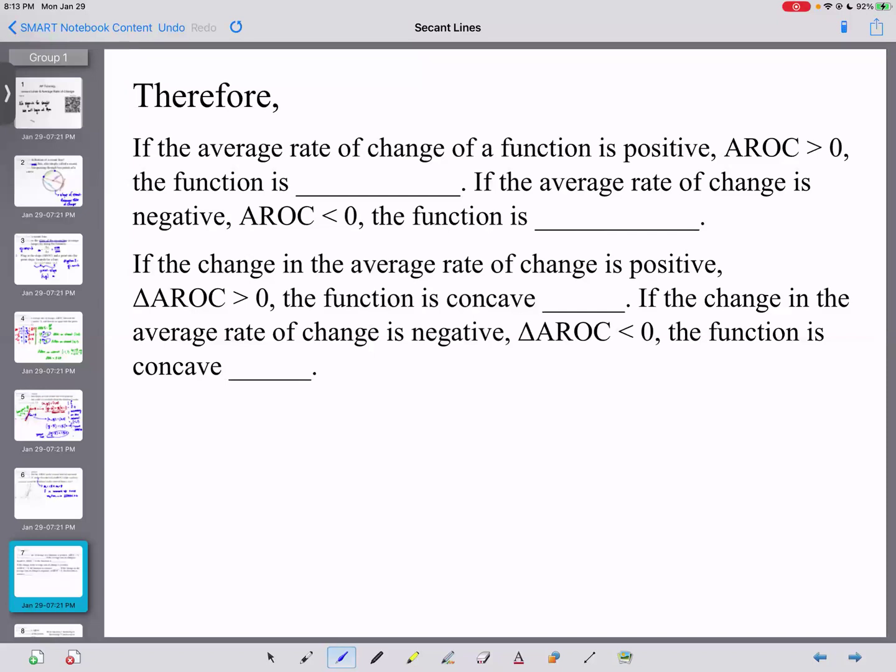So it will not actually be concave up. This one would be a different one. If your A rock, which is similar to slope, if your slope is positive, if you have just a slope that's going up, what could you tell me about the function?